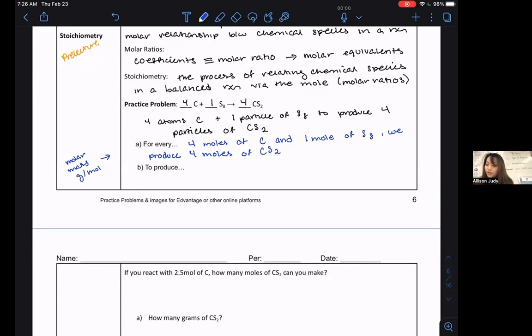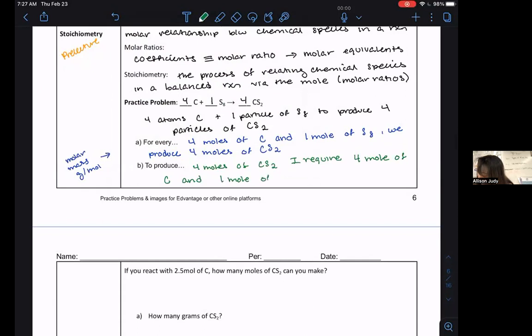We could also say this in another way. If you want to flip it around, we could say to produce 4 moles of carbon disulfide, I require 4 moles of carbon and 1 mole of sulfur allotrope, S8.